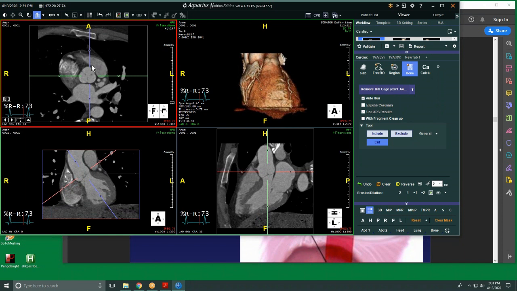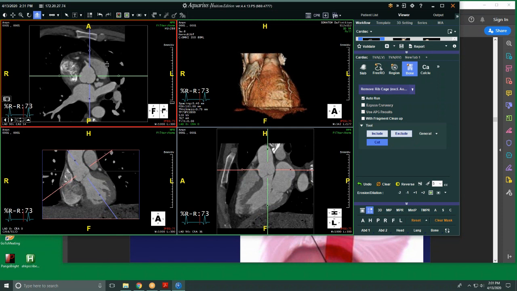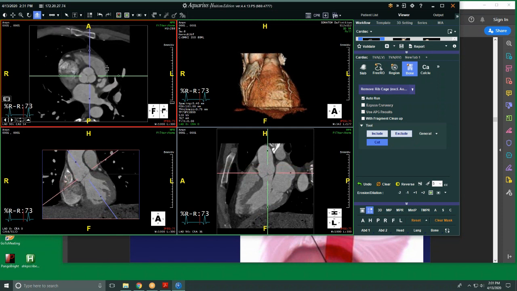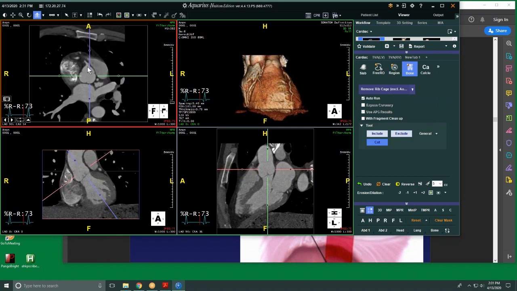And we call each of these areas according to the associated coronary artery. So this would be your right coronary cusp, left coronary cusp, and does anyone know what you call the cusp without a coronary artery? Non-coronary cusp. It wasn't a trick question.